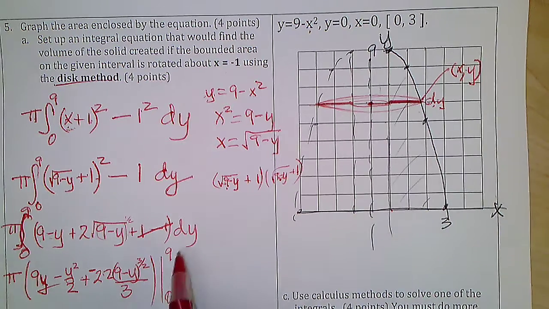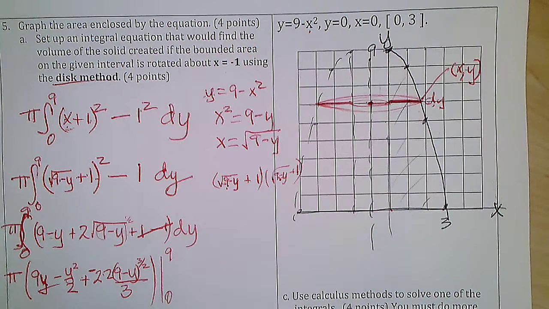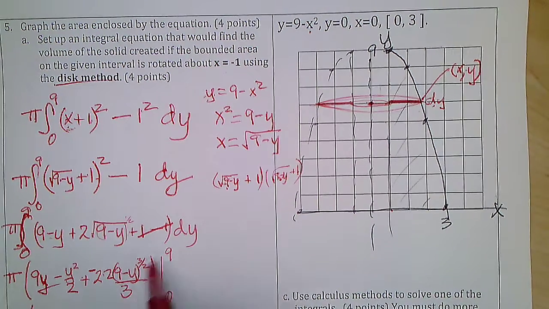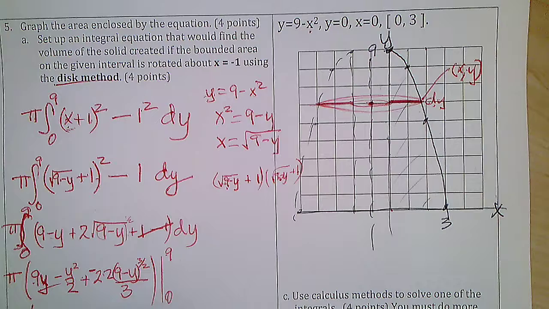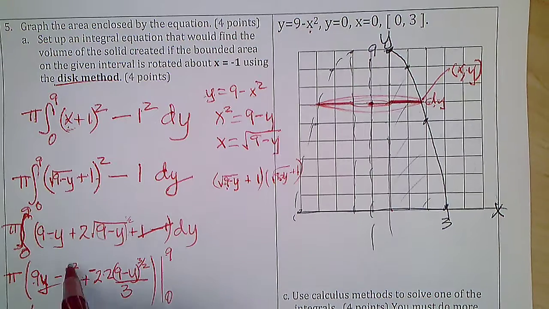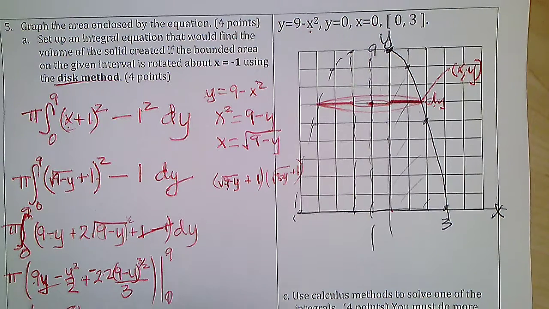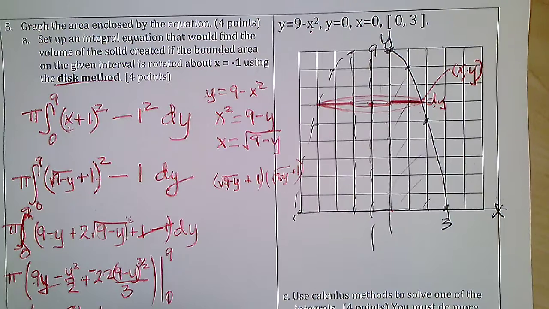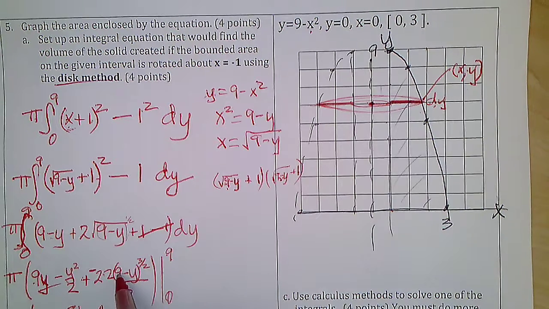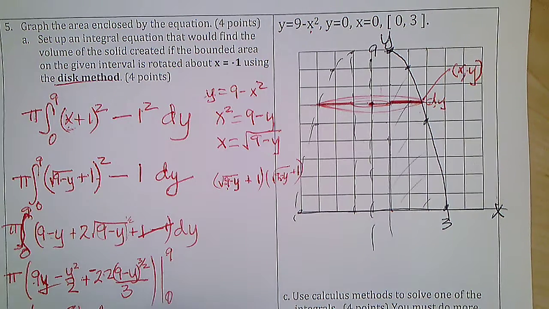So it'll be pi, 9 times 9 is 81, minus 81 over 2, minus 4 times 9 minus 9 is 0, so all of this would be 4 times 0, so that's nothing.